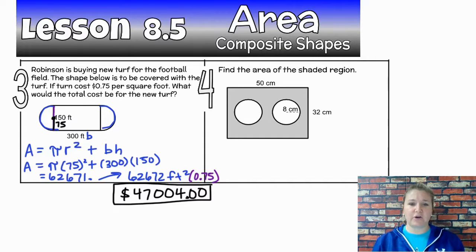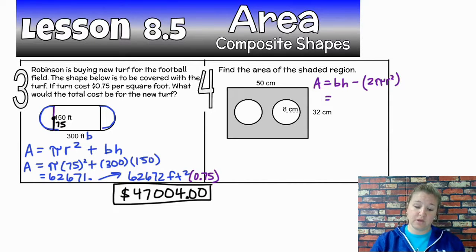Now this time we're going to find the area of the shaded region. So this is just a little rectangle that has 2 holes punched out of it. So what I'm going to do is find the area of the outer piece, the area of that rectangle, so base times height, and I'm going to subtract 2 pi r squareds, okay?